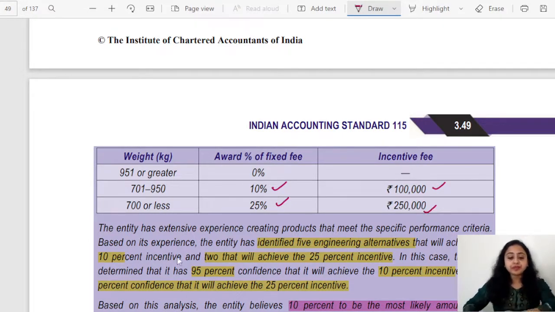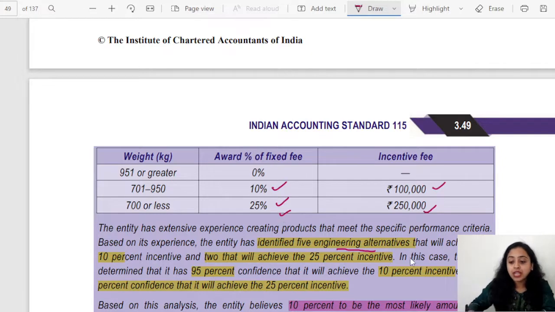The entity has extensive experience creating products that meet the specific performance criteria. Based on its experience, the entity has identified 5 engineering alternatives that will achieve the 10% incentive, and 2 that will achieve 25% incentive.